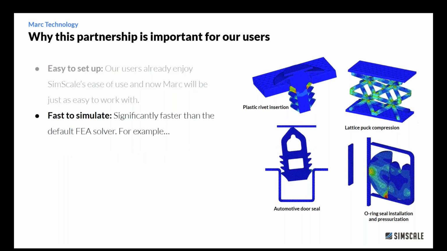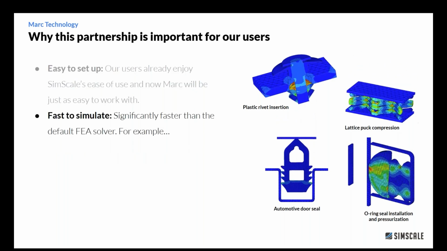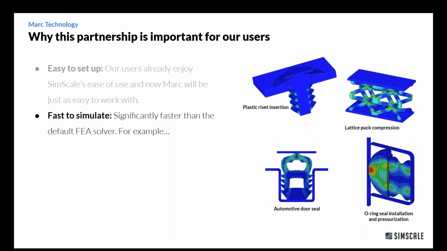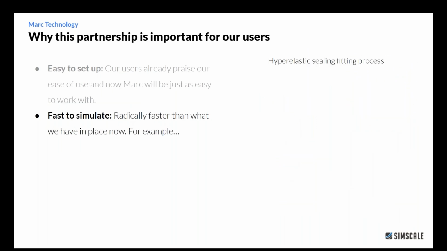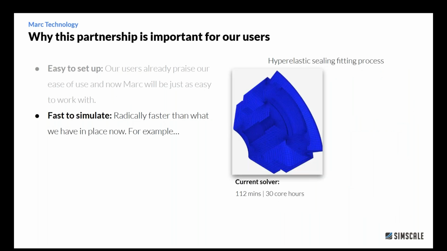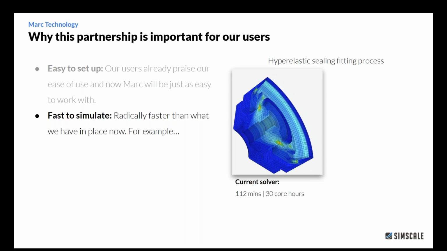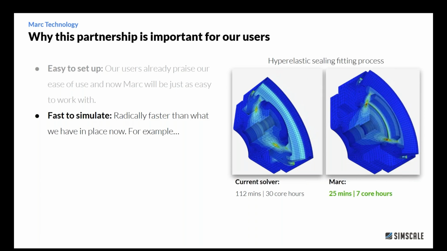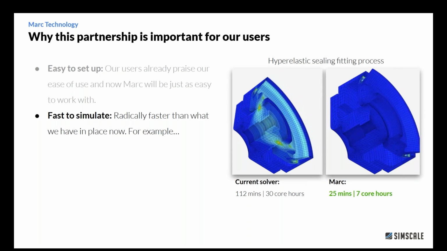More importantly, Marc is typically faster than the existing nonlinear solver on SimScale, and the difference is bigger the more complex the simulations are, right? So for simple linear static analysis, it's the same. And then if you add contact, if you add friction, nonlinear materials, the difference gets more evident.